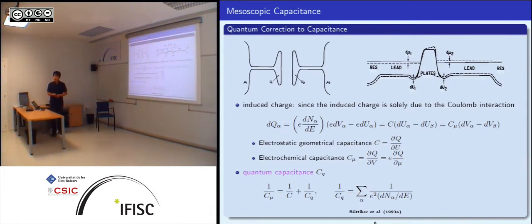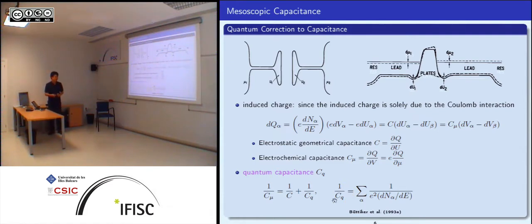In metals, usually the density of states is very high, very huge. It means that this number is almost zero. In that case, the electrochemical capacitance is equal to the geometrical capacitance, so you don't have to worry about it. But in mesoscopic systems, the density of states can be very small.